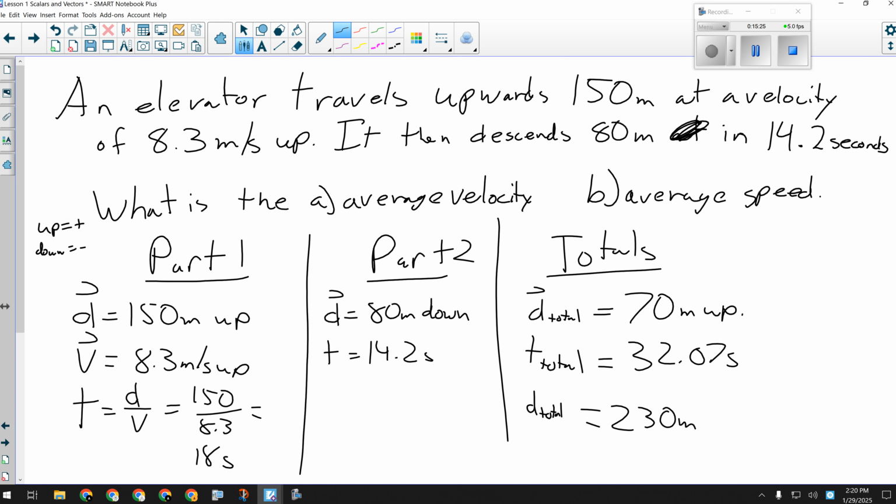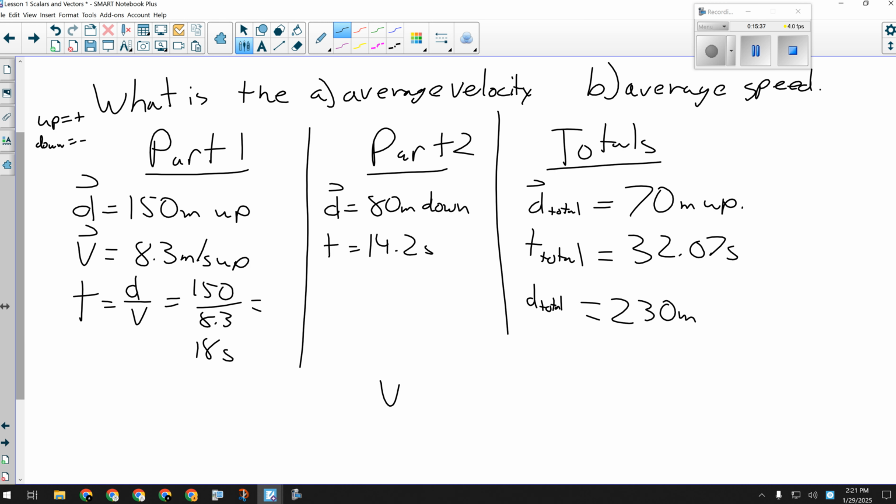All right, am I at the point now where I can calculate the two things the question asked for? Yeah, I think so. I've got the total distance, total time. So my average velocity, total displacement, 70 meters up, divided by the 32.07 seconds.